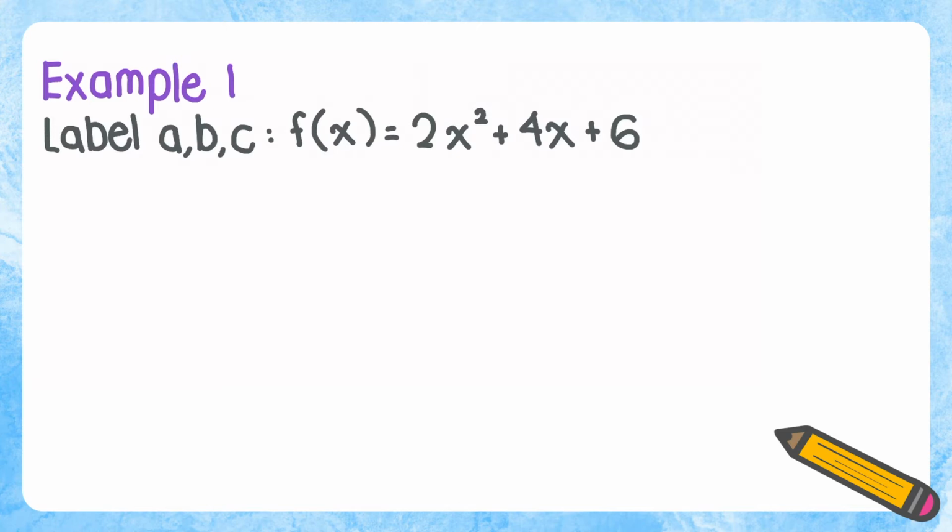So we have to find a, b, and c. The standard form of a quadratic function is f of x equals ax squared plus bx plus c. What numbers are replacing a, b, and c?